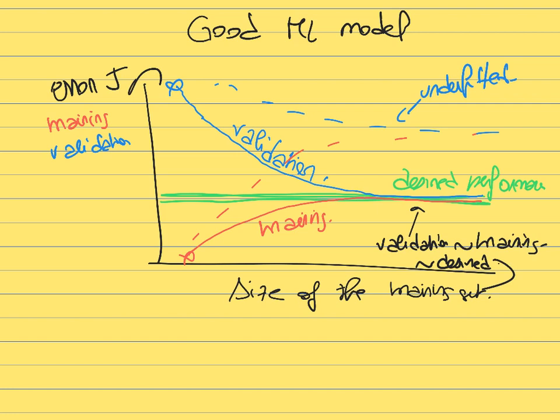So that's all the signature of a good machine learning model. In this case, your model is as good as it gets. And so it would not help to add more data. It would not help to change the architecture, the degree of complexity of the model. The only thing you could do is to change how fast the model learns.